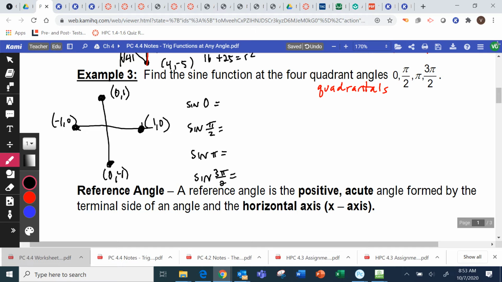So what's the sine of 0? 0. What's the sine of pi over 2? 1. What's the sine of pi? 0. What's the sine of 3 pi over 2? -1. That was so fun.